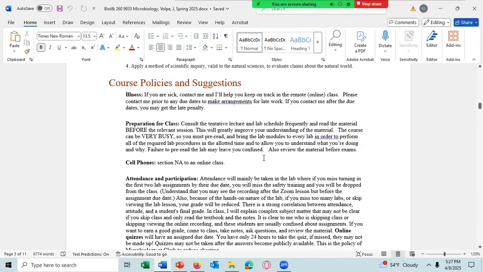Preparation for class: this class will be very busy, so it's best to pre-read the course material, bring the lab modules to every lab, and be ready for the class when we take off. Also, you need to review the material before the exams.